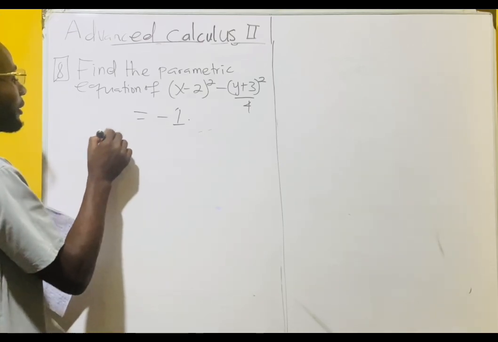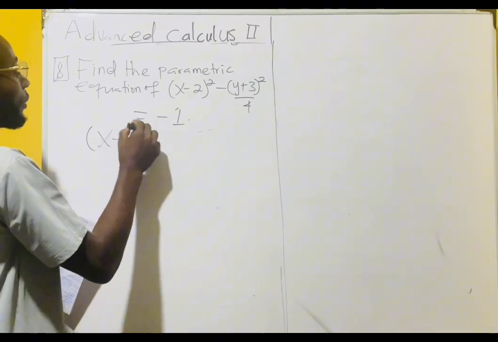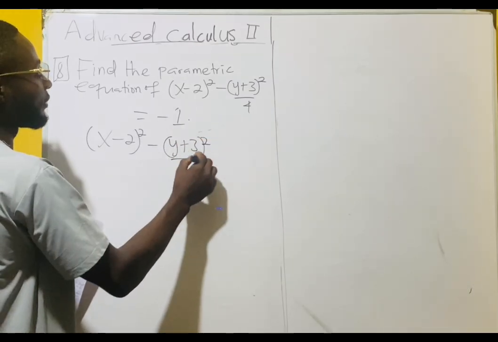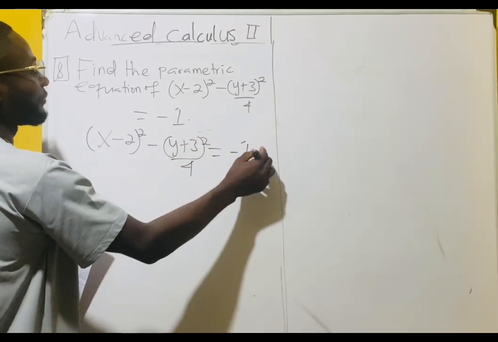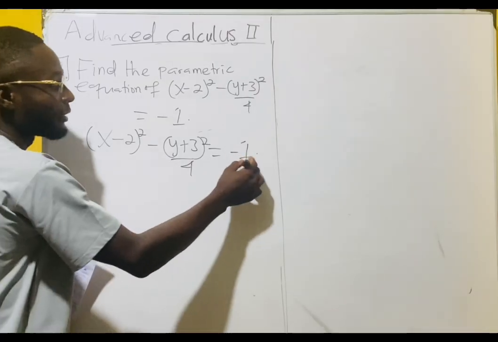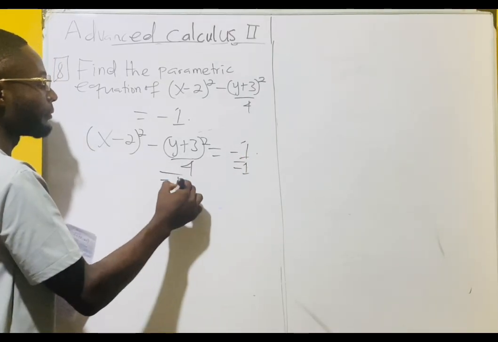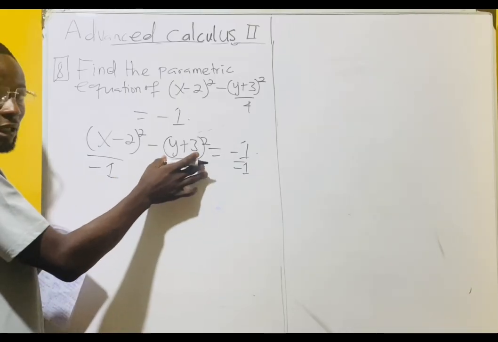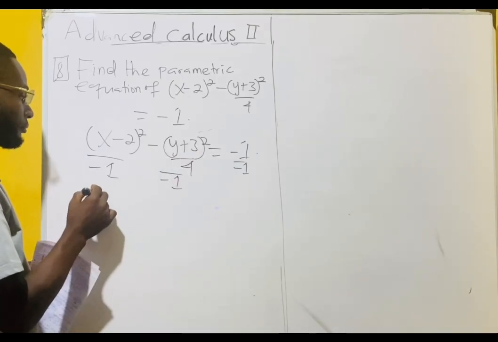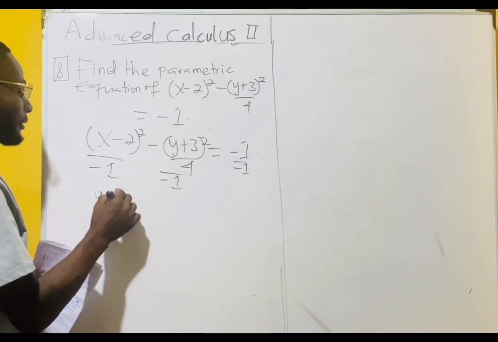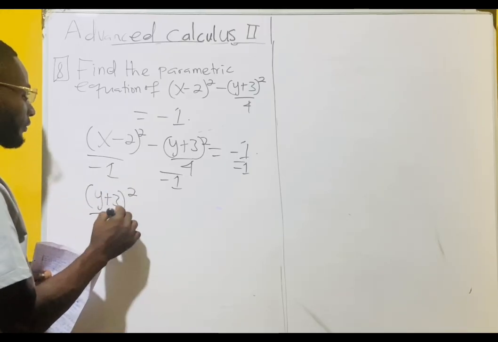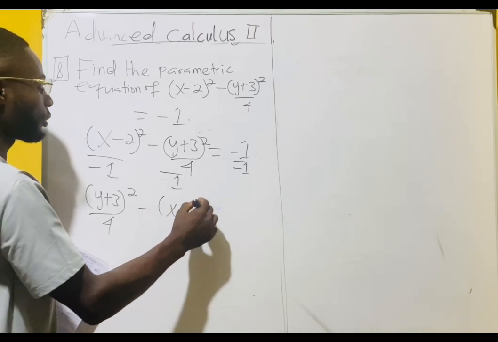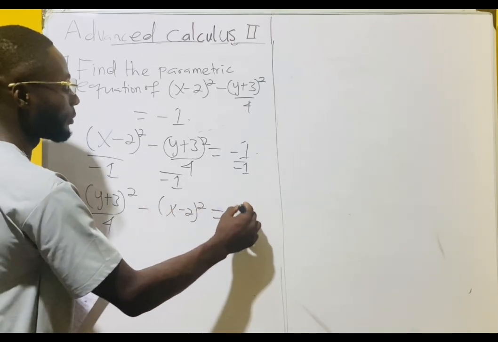So we have (x minus 2) all squared minus (y plus 3) all squared over 4 equals -1. We divide by -1 on each side so that this part becomes positive, and we have (y plus 3) all squared over 4 minus (x minus 2) all squared equals +1.